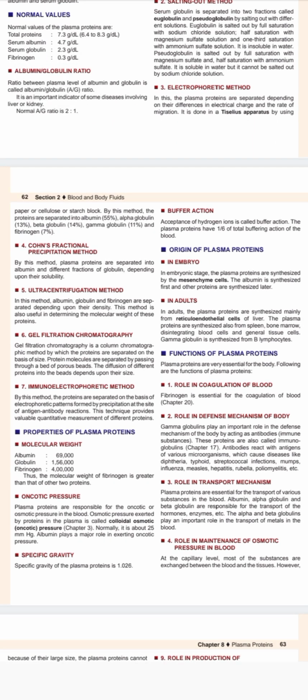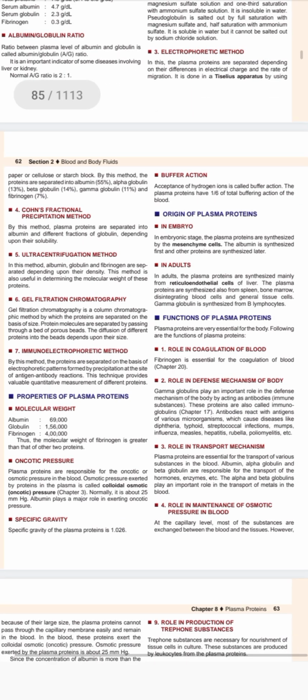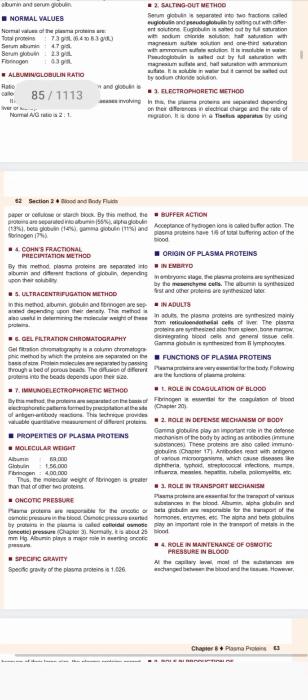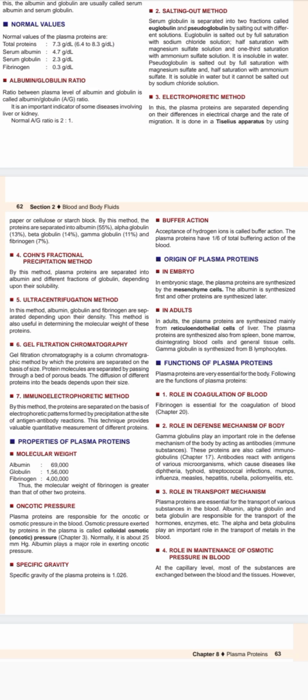First, molecular weight: albumin 69,000, globulin 1,56,000, fibrinogen 4 lakh. So this is the molecular weight.